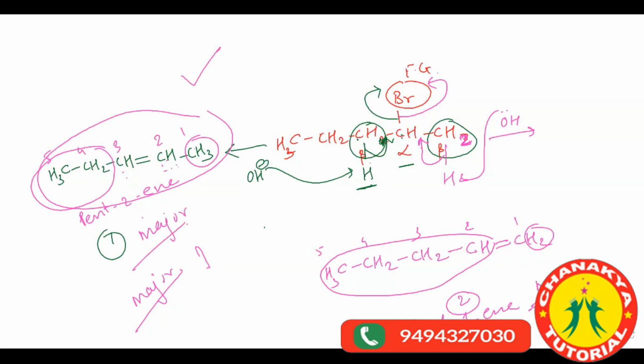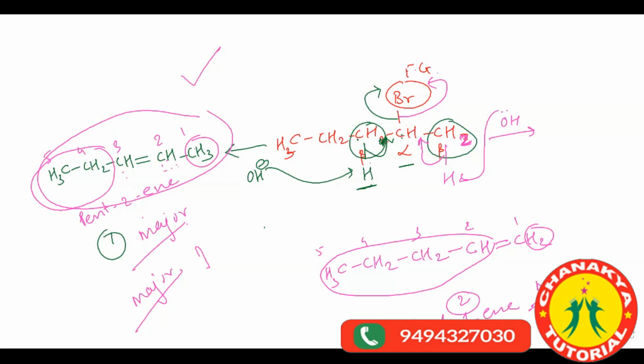You can follow Saytzeff's rule for this. One of the scientists, the name is given. What is that name? Alexander. Wait a minute, let me go through it once. Yeah, Alexander Zaitsev. He is also called Saytzeff.